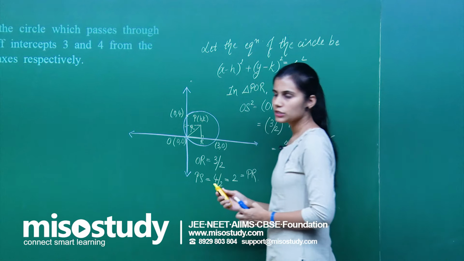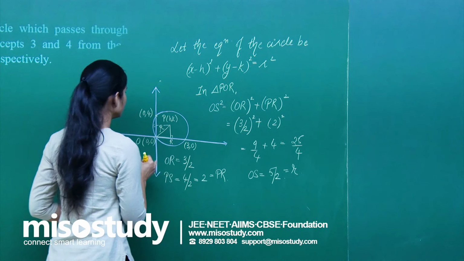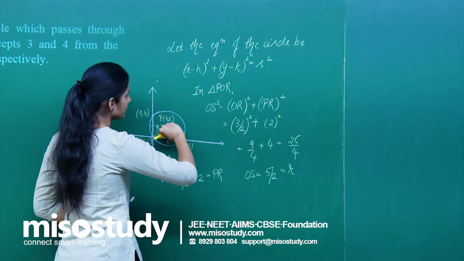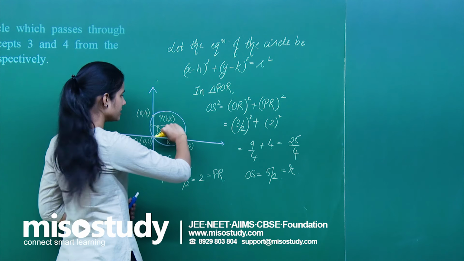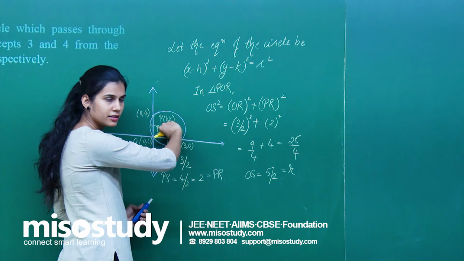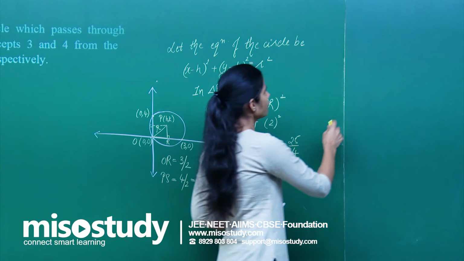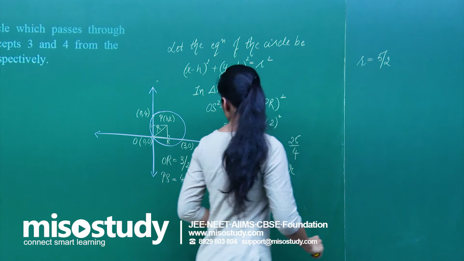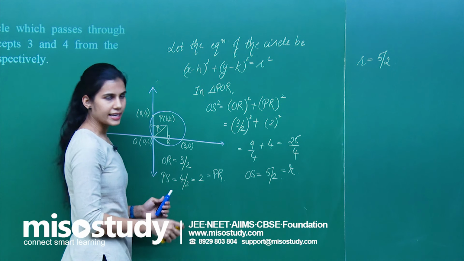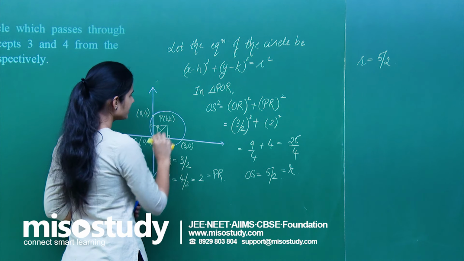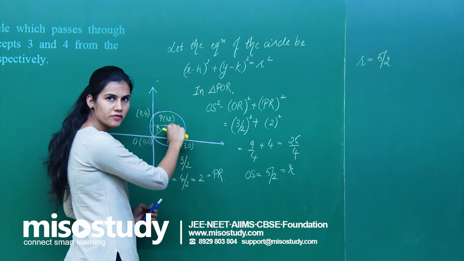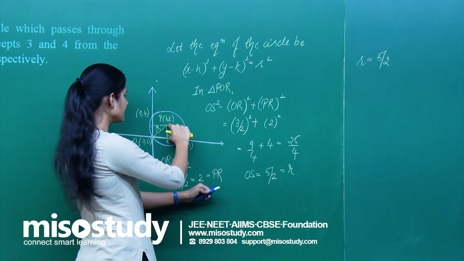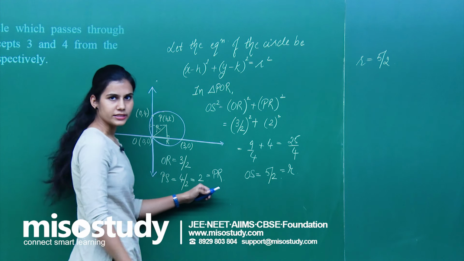What will be the coordinates of my center? This complete distance is r and this is my k. Isn't this quantity k? If I have my r as 5 by 2, what is my k? k is the y coordinate of the center and this is exactly equal to 2 itself, because this itself is my quantity k.